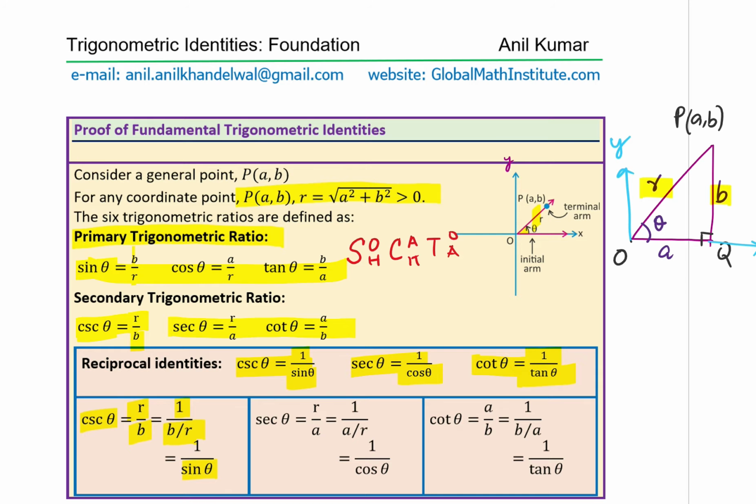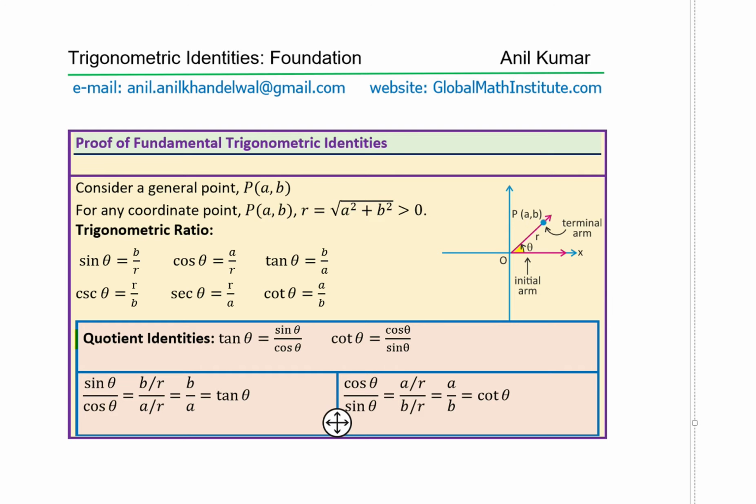Now let's look into the other identity, and this time we'll take the quotient identity. The quotient identity is tan theta, the ratio of sine and cosine. Well, we can write sine as b over r from the same triangle, correct? So we'll refer to our triangle, which we had been talking about. Once again, let me just draw it here. We know that this point P is (a, b).